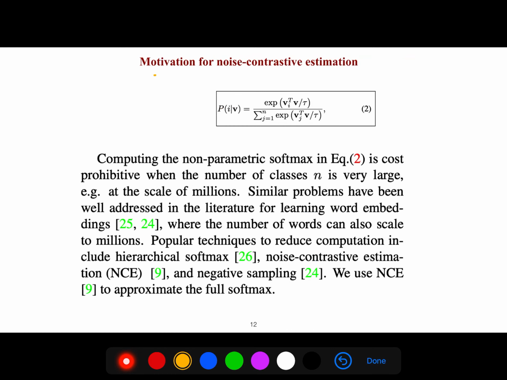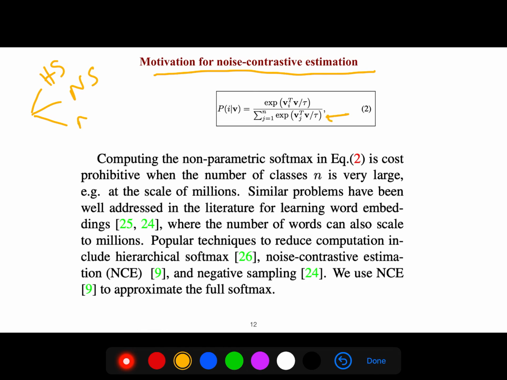So what is the motivation for noise contrastive estimation? As I said, for word-to-vec embedding, we had problems because we had many classes, so we invented things like hierarchical softmax and negative sampling. But here none of these approaches is used to deal with this problem, which is your denominator.